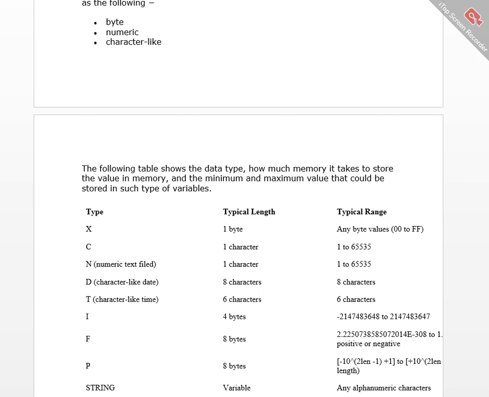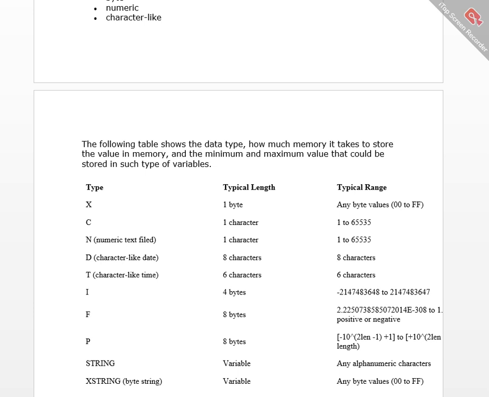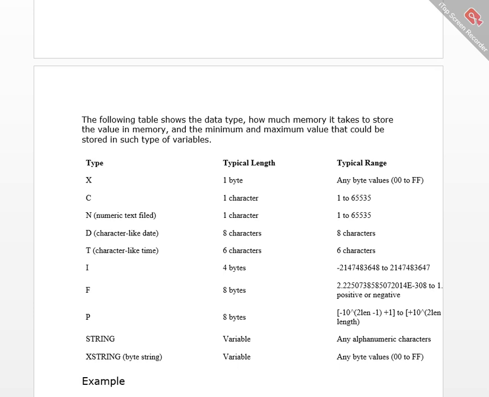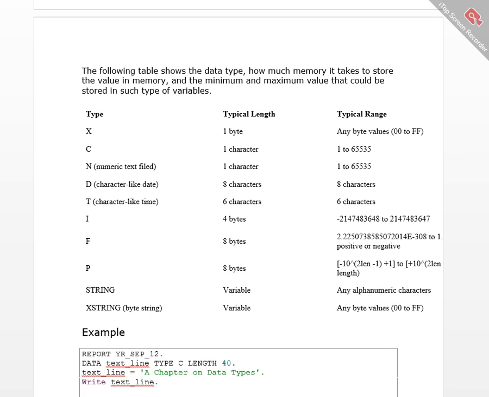Type N, numeric text field, typical length 1 character. Date, D, character like date, 8 characters. T, character like time, 6 characters. I, 4 bytes. F, 8 bytes. P, 8 bytes. String variable. X string, byte string variable.